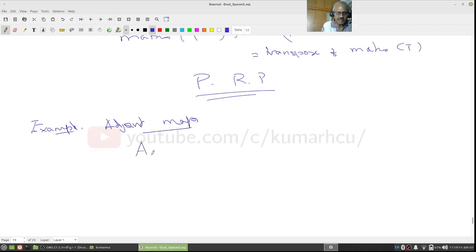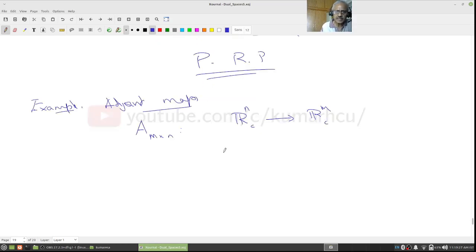Suppose A is a matrix of, let us say, M cross N. Then I can consider it as a map from Rn to Rm. Namely, think of X as a column vector. Therefore, A acting on X, this is a matrix multiplication. So this belongs to Rm. We usually call it TA of X, by definition, A times X.